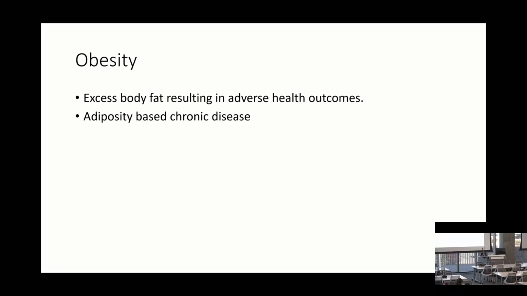So the term adiposity-based chronic disease is supposed to change our mindset. Instead of thinking of it like, oh yeah, obesity, to think of it as it's a problem, okay? And adiposity-based chronic disease has several components, which we'll talk about. And it's just to recognize that there's more to just the fat. The fat is actually a metabolically active tissue.